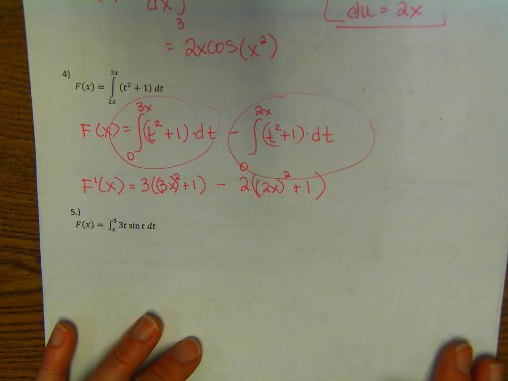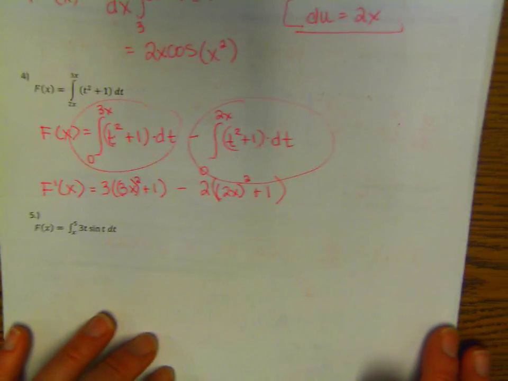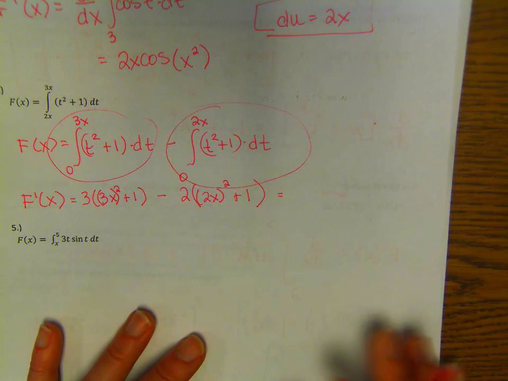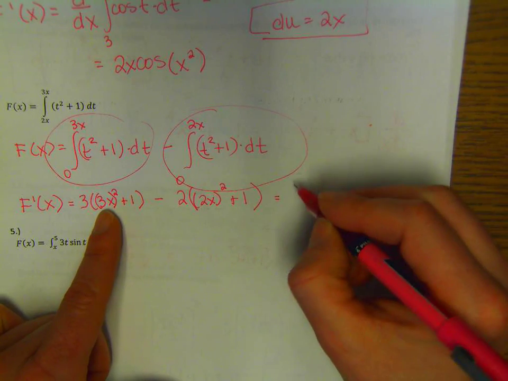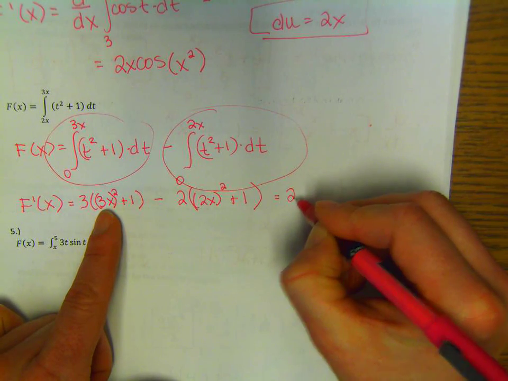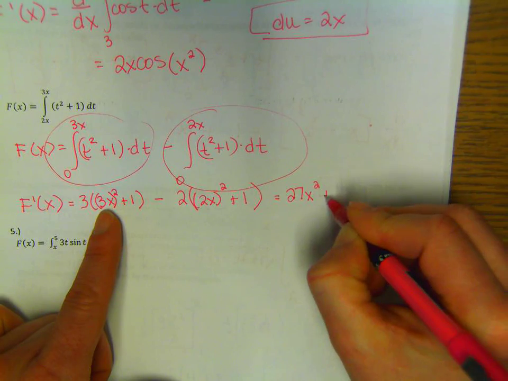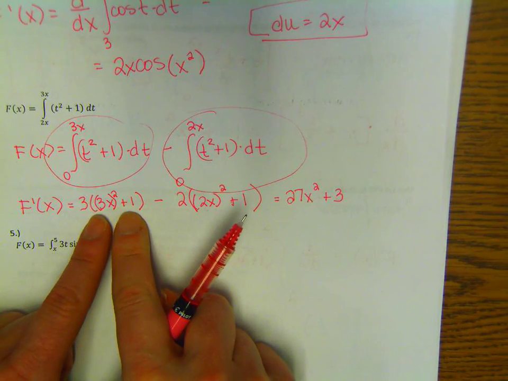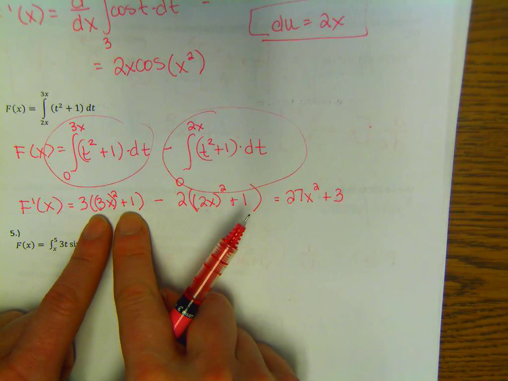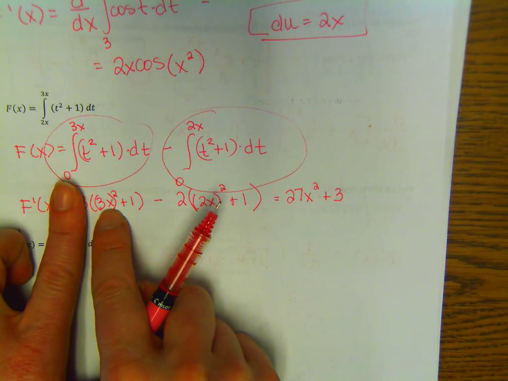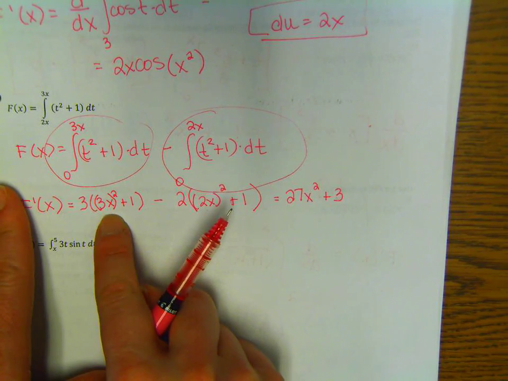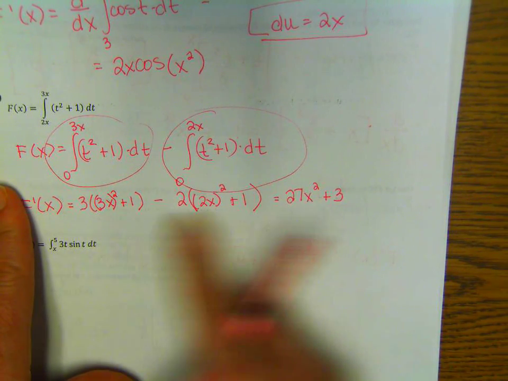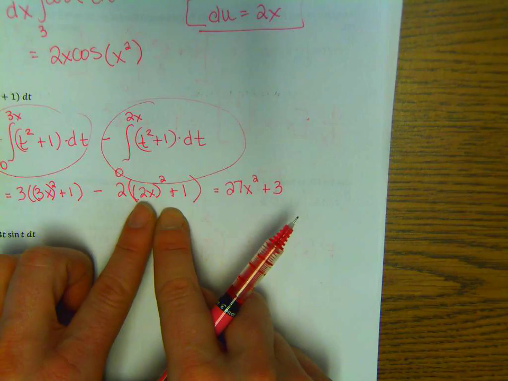All right, let's see if we can simplify it. So what's (3x) squared? That's 3x times 3x. Isn't that 9x squared? Okay. So if I distributed that 3 out, that would be 27x squared plus 3 for this parentheses. Because (3x) squared is 9x squared. Now distribute the 3. 3 times 9x squared is 27x squared plus 3. I'm doing order of operations.